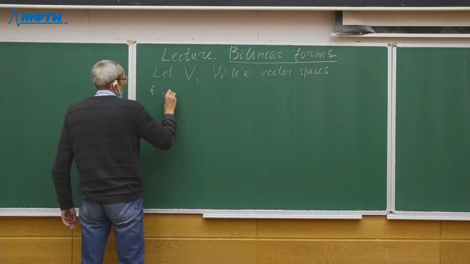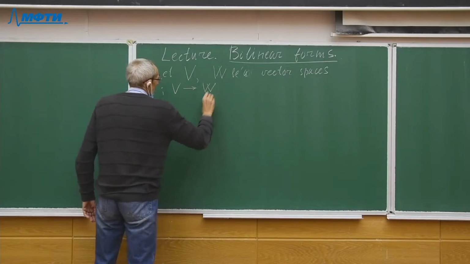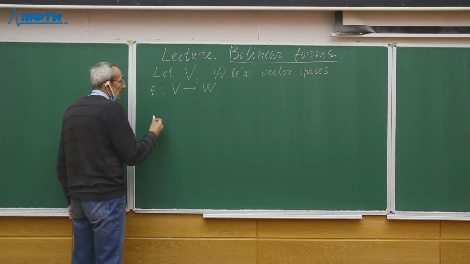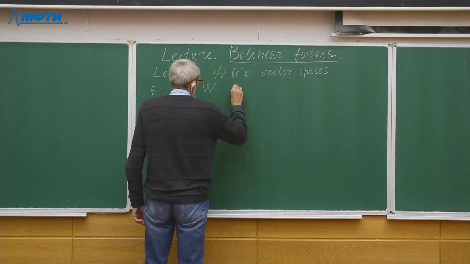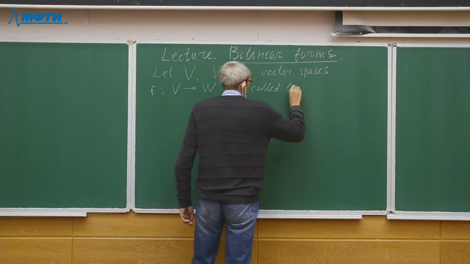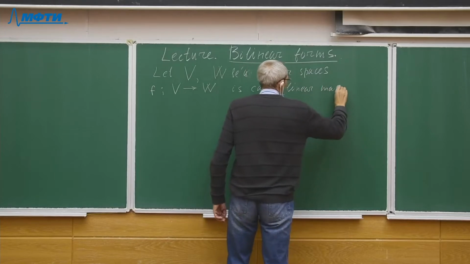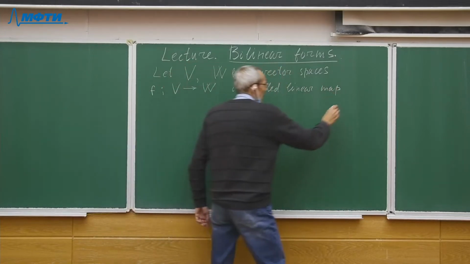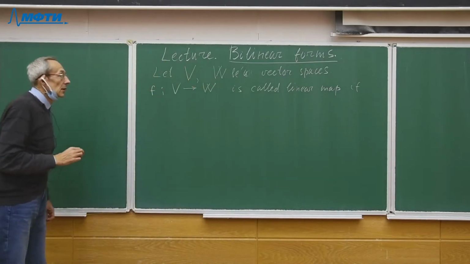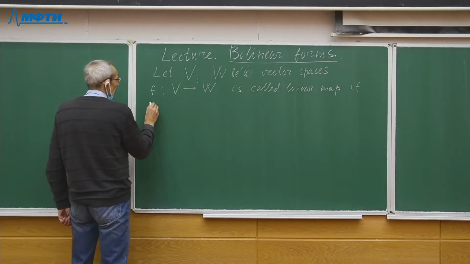A map F from V to W is called a linear map if the two following conditions are fulfilled.